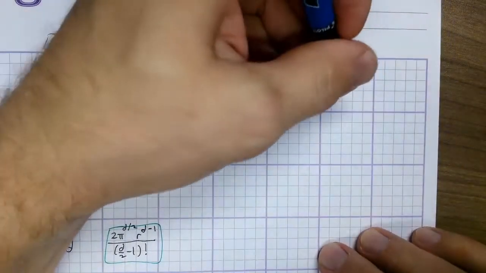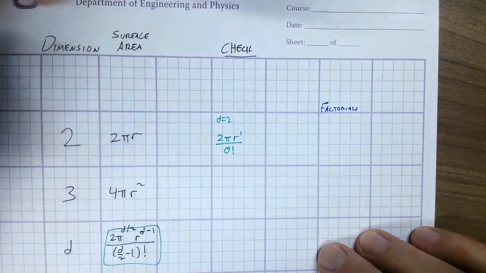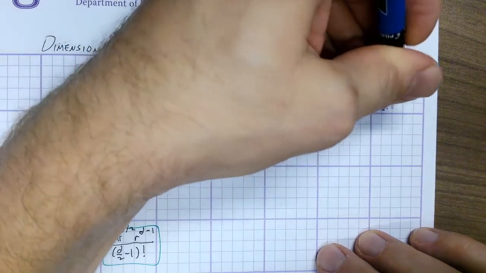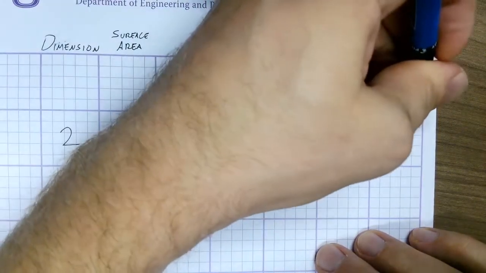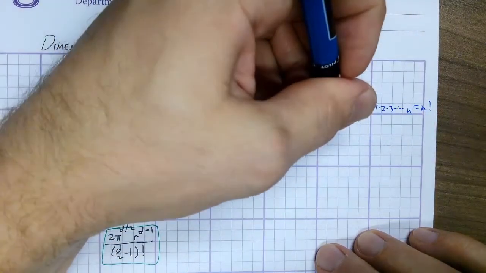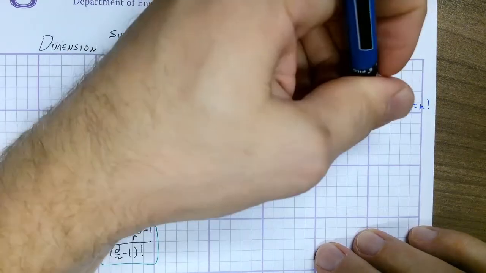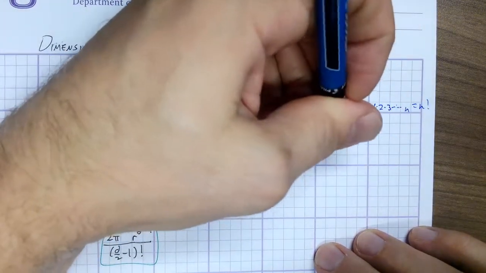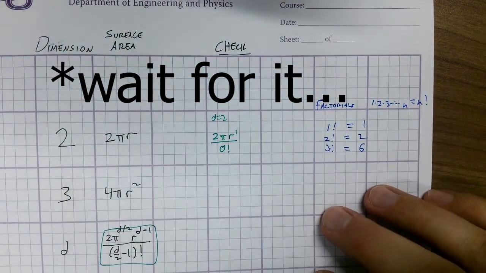So you all remember factorials, right? Factorials are the repeated multiplication thing. Like 1 times 2 times 3, all the way up to some n, and that's n factorial. So 1 times 1 is 1 factorial, 2 times 1 is 2 factorial, and 3 times 2 times 1 is 6.